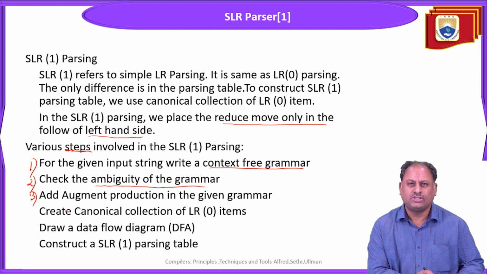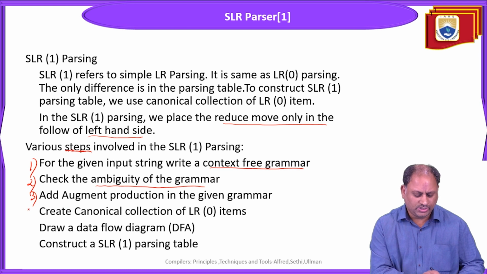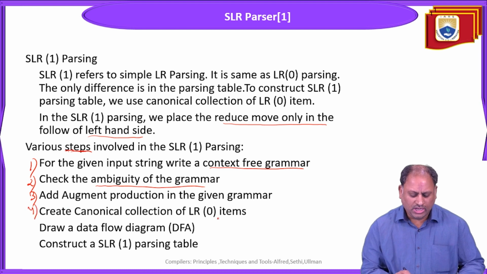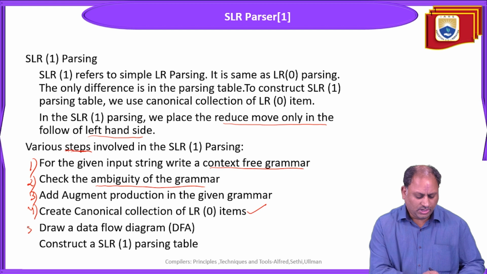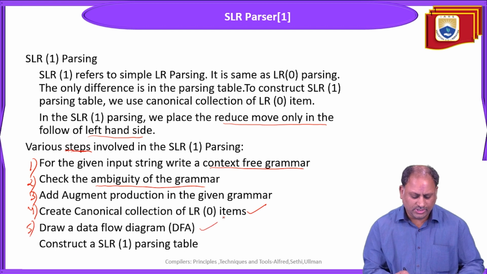And we also know that we add augmented productions for the given grammar. Previously, in the case of LR parsers, we have taken this. And the canonical collection of LR(0) items we have also seen in the previous session. And follow that with the data flow diagram and parsing table.